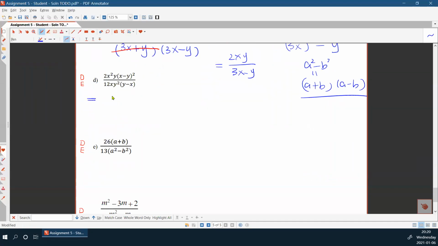Let's try to factor the numerator and denominator first. For the numerator, xy squared means xy, xy. For the denominator, you have 12xy squared. y minus x is actually minus x minus y, and then you can put the minus sign in front.